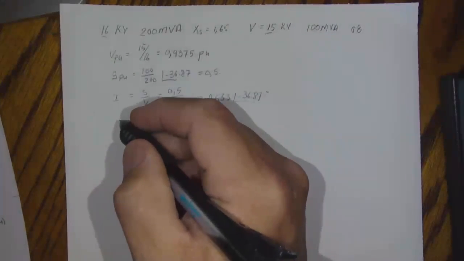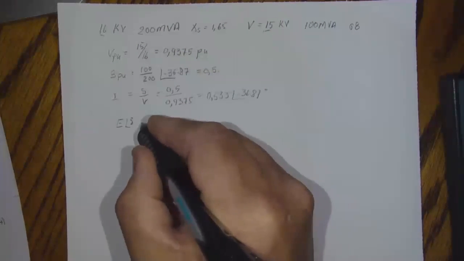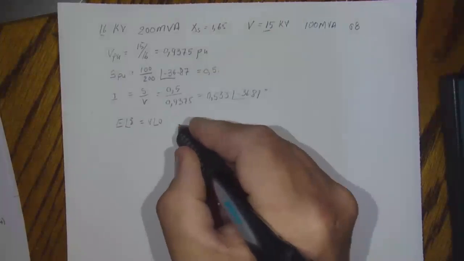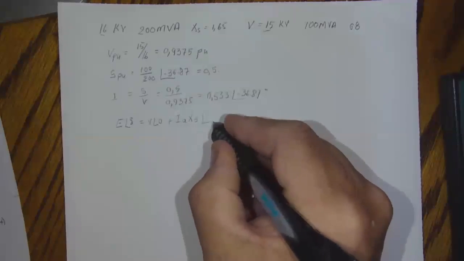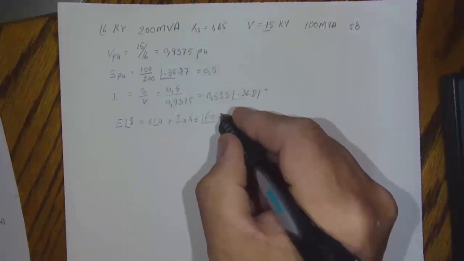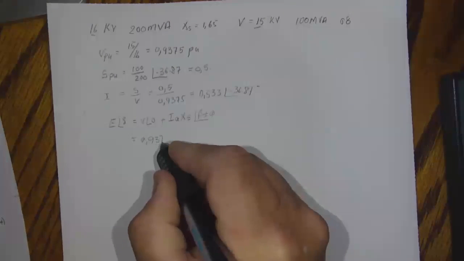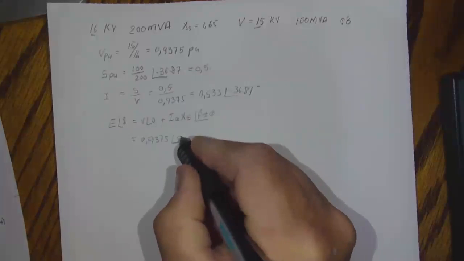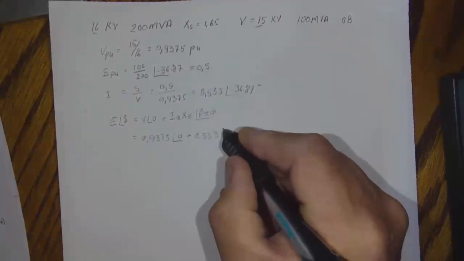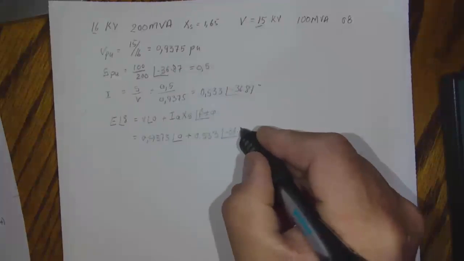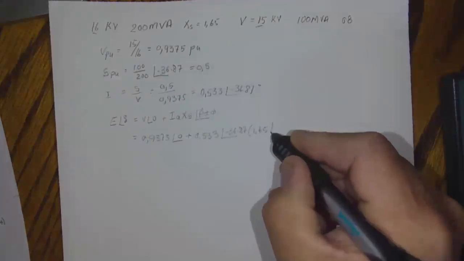And now we must calculate the induced EMF. So E angle delta will be V angle 0 plus IA XS angle beta. So that will be 0.9375 angle 0 plus 0.533 angle minus 36.87 times 1.65 at an angle of 90.